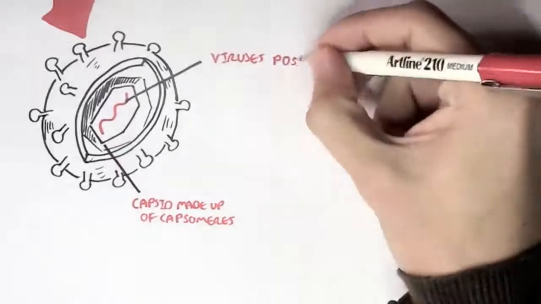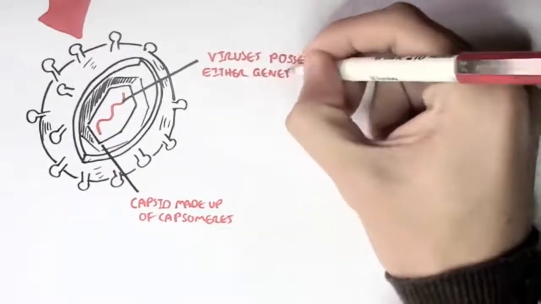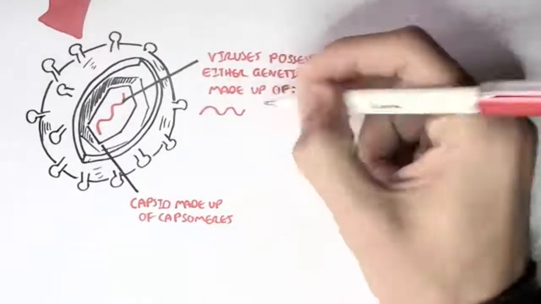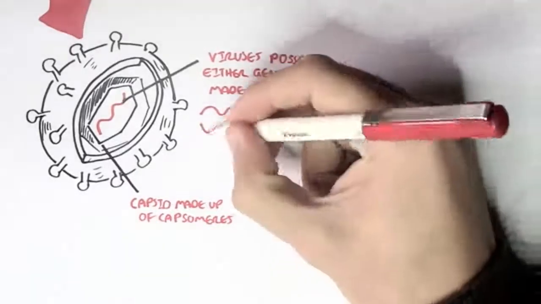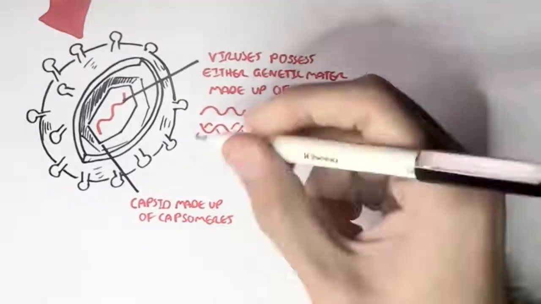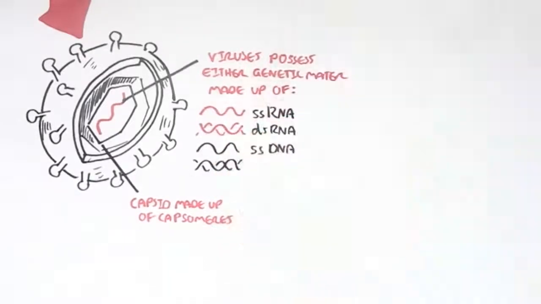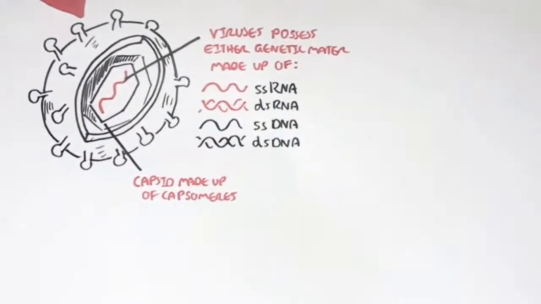So viruses possess either single-stranded RNA, double-stranded RNA, single-stranded DNA, or double-stranded DNA. They can also have partial strands, such as in the hepatitis B virus, which is partial double-stranded DNA.